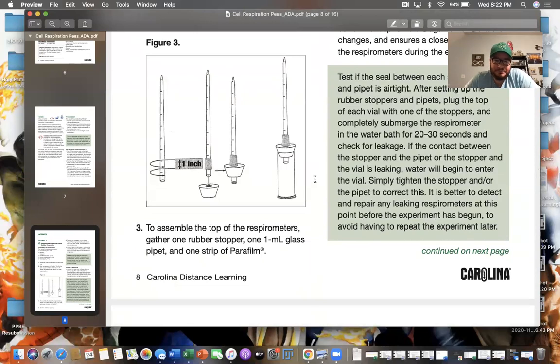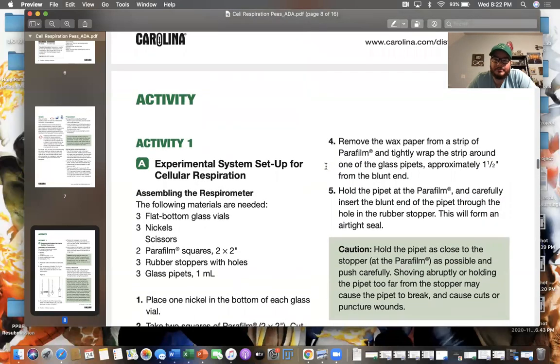Easy to do. All right, to assemble the top of the respirometers, gather 1 rubber stopper, 1 ml glass pipette, and 1 strip of parafilm. All right, so we have all those ready to go.